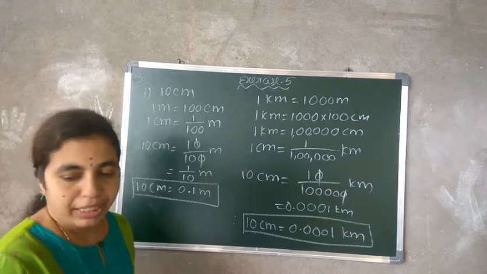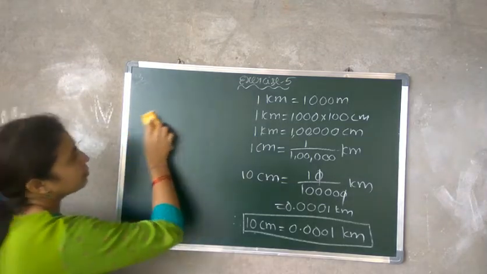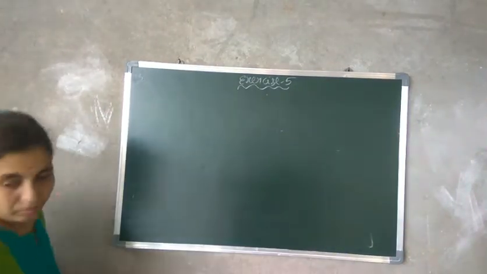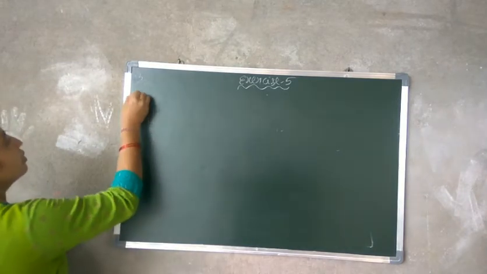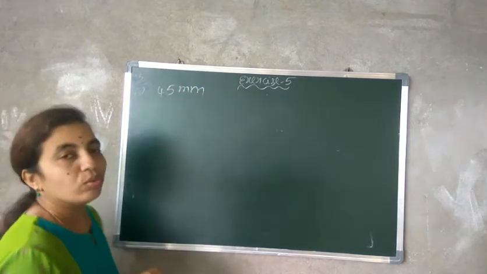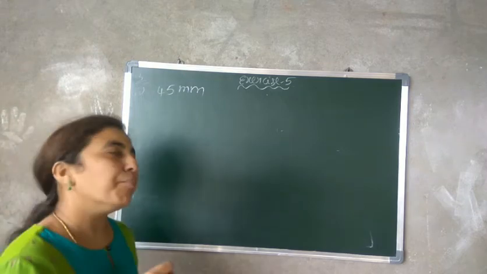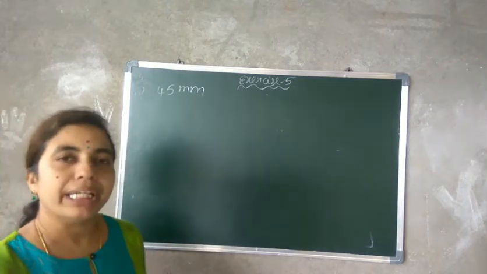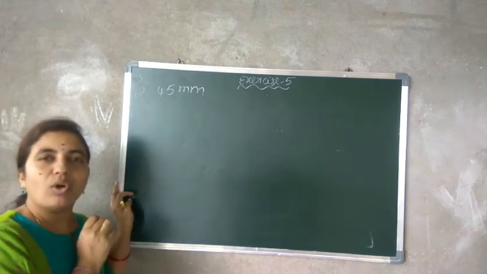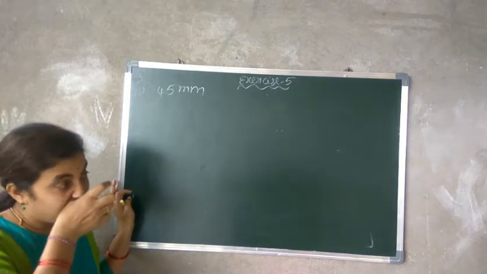Okay, now we'll go with the second. Express 45 millimeters. What is given? 45 millimeters. We have to express this in centimeters, meters and kilometers. First, centimeters. 1 centimeter is equal to how many millimeters?